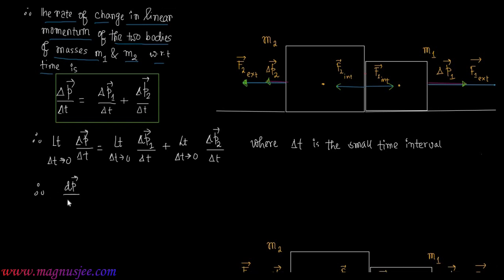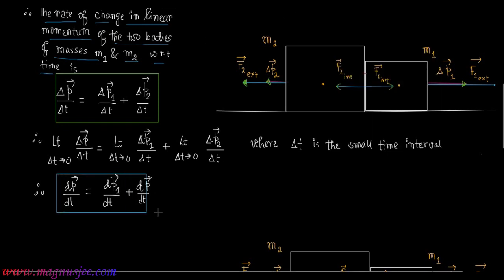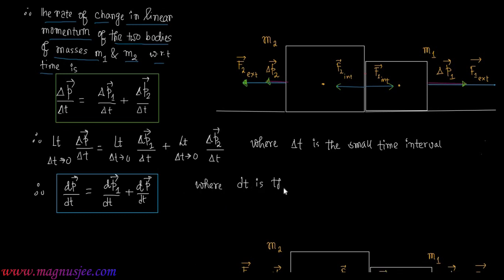Therefore, d vector p by dt is equal to d vector p1 by dt plus d vector p2 by dt. Considering the limit, dp by dt equals dp1 by dt plus dp2 by dt, where dt is a very small time interval in which linear momentum of the two bodies changes.